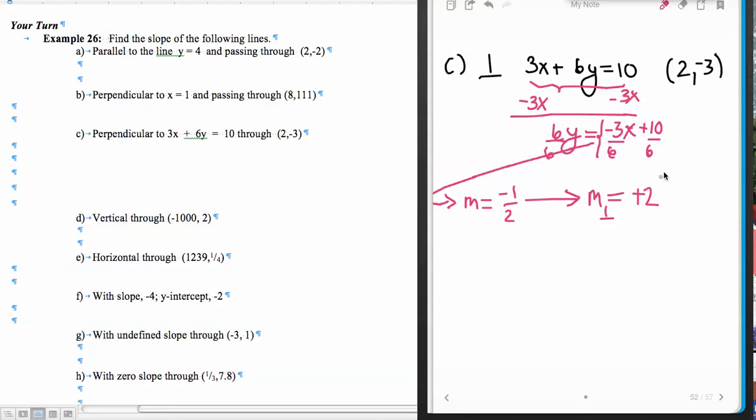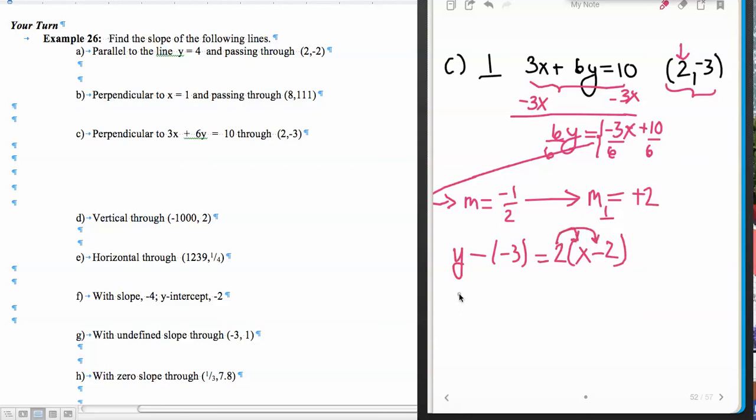So my slope is 2, and it's got to go through this point. It's not the y-intercept, so I'm going to use the point-slope form. y minus my y-coordinate, negative 3, is equal to my slope. My perpendicular slope is 2 times x minus my x there, and now I simplify.